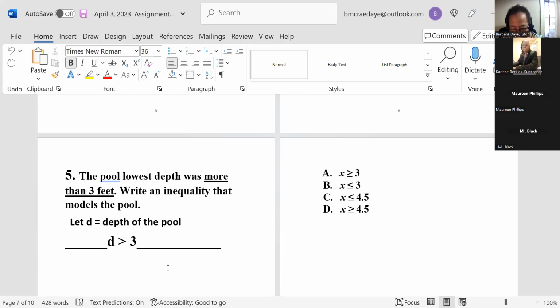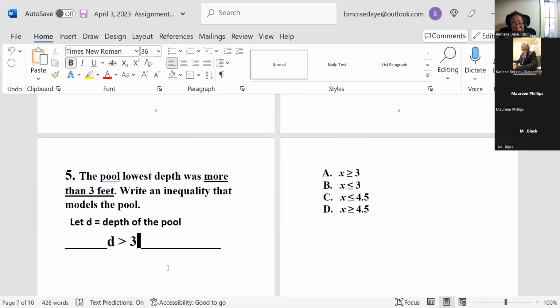The problem is I didn't look out for those words. You taught us about more than, and I didn't focus on the details, more than or less than, which you put in words instead of the figure. You've got to be able to translate inequalities to words or from words to the inequality.